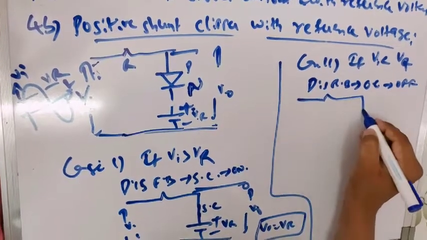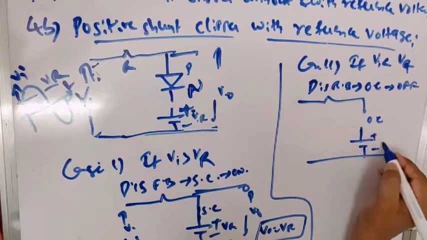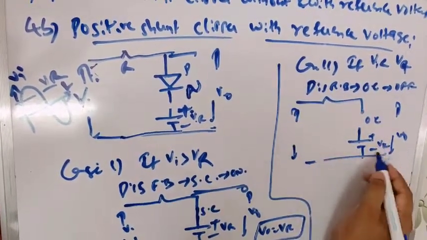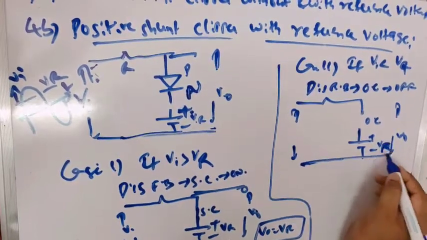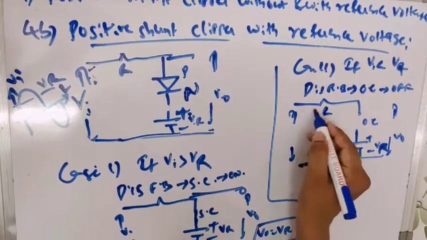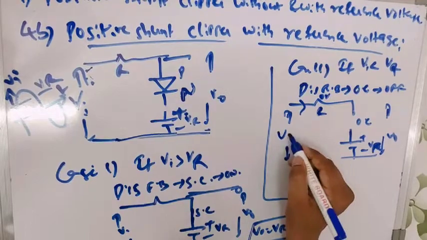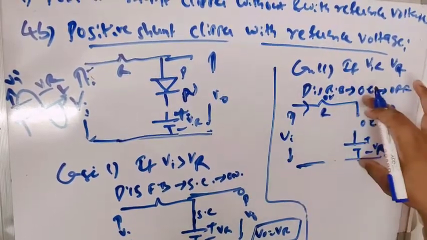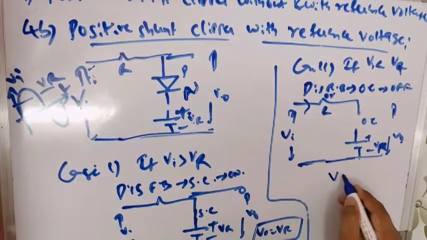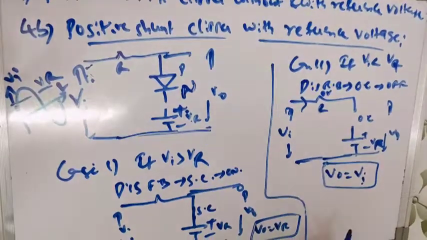When the diode is open circuited, there is no significance of the voltage source, because of the infinite impedance; it's like an open circuit. No current flows through the resistor, and the voltage across the resistor is 0. That means Vi is directly connected across the output terminals, and therefore V0 is equal to Vi. So the output voltage V0 is equal to Vi for Vi less than Vr.